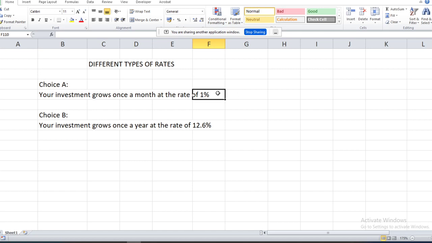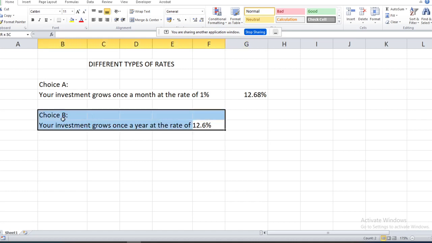So to compare the rates, let me see how much exactly I'm going to earn in 1 year with choice A. The amount I'm going to earn is 1.01 to the power of 12 within a year, and then minus 1. If I convert that to percentages, that's actually 12.68% rather than 12.6% for choice B, which is only growing once a year.